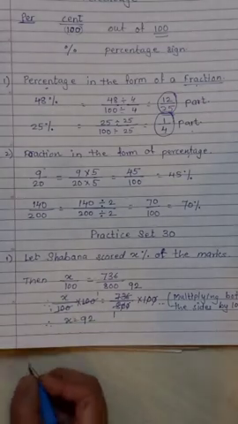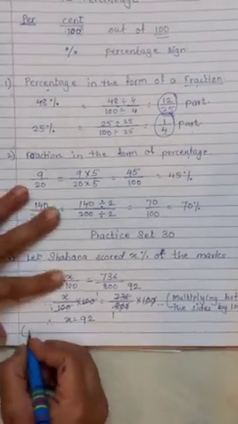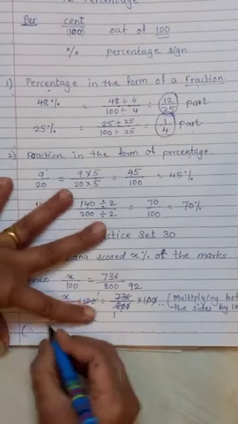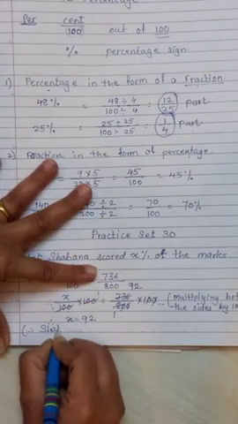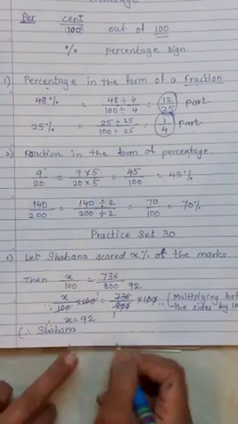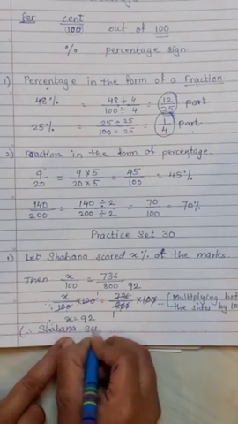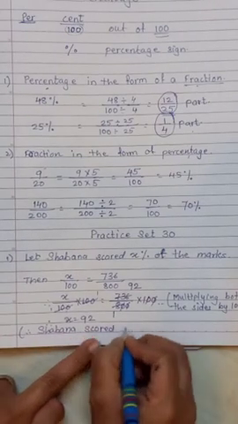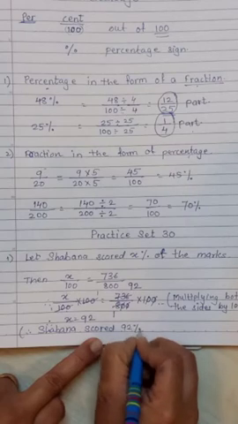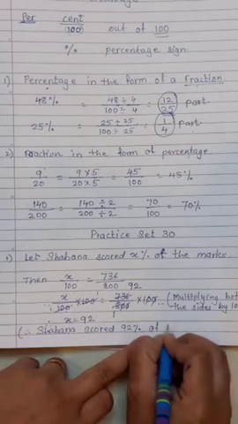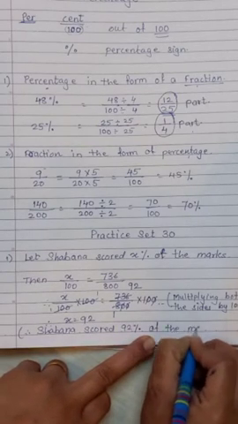Now the answer we will write down. Therefore, the answer is Shabana scored 92% of the marks.